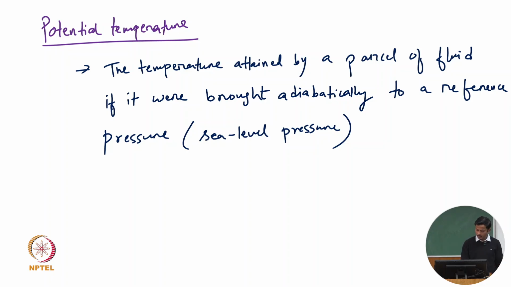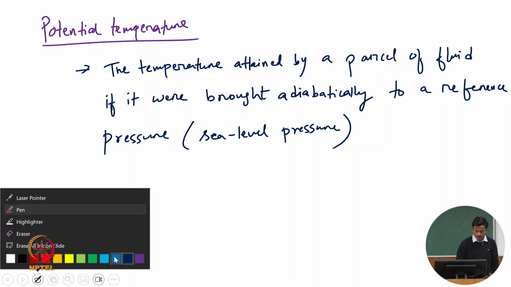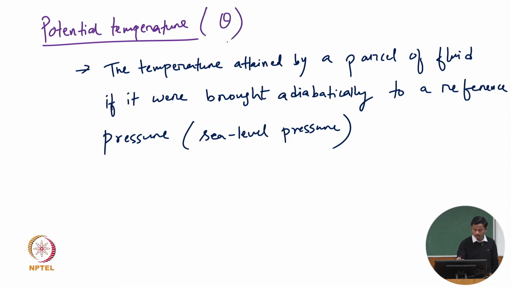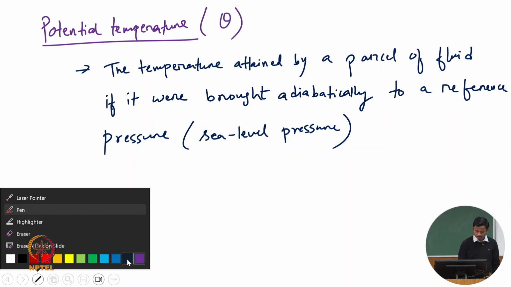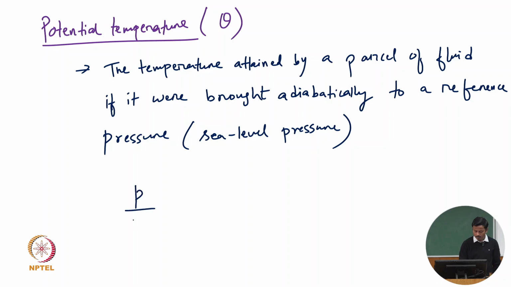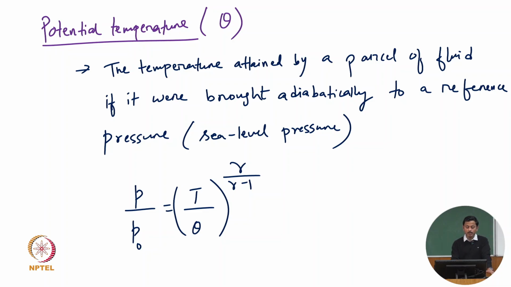So we define this potential temperature, denoted by the symbol theta. P over P naught is T by theta. This is an adiabatic process, and this is how theta should be according to the adiabatic relationship.